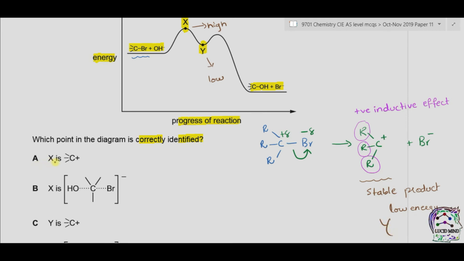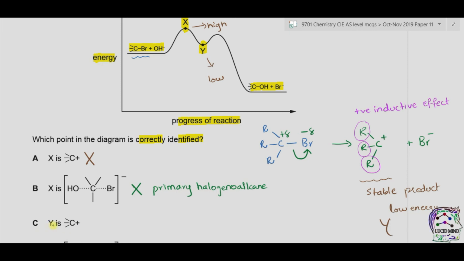In option A, X is given as C positive carbocation intermediate. This is incorrect because X is at high energy. In B, X is given as this intermediate. Now this is incorrect because this transition state is formed from primary halogenoalkanes, while the one given in the question is tertiary halogenoalkane.